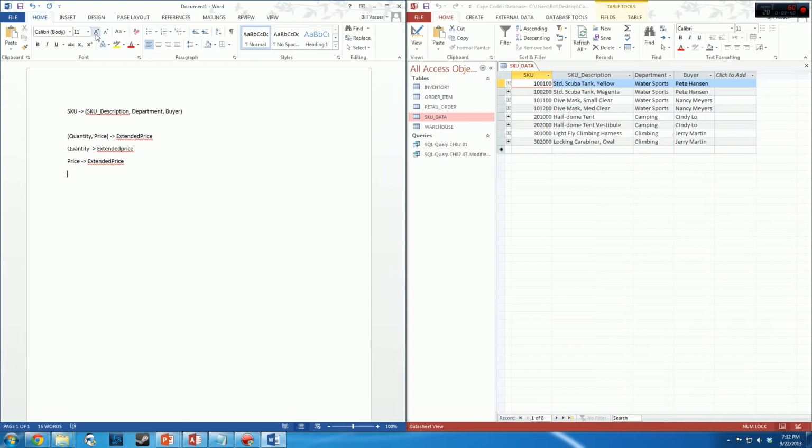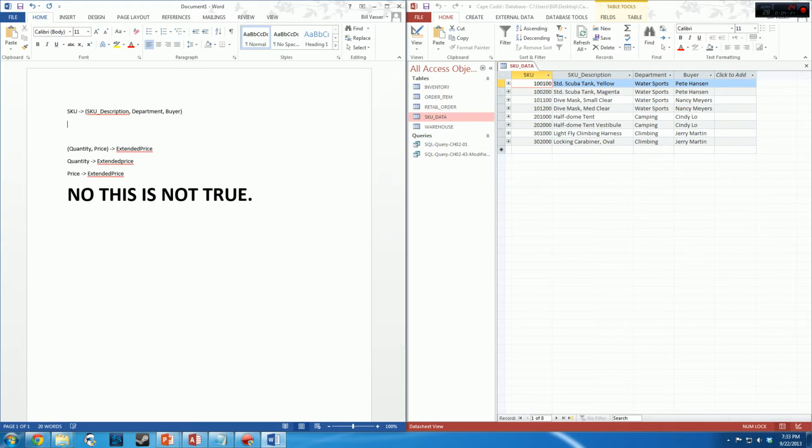I'm going to put this up nice and huge for those people who aren't actually listening to me. Just because this breaks apart, this does not. This means you must know both to determine the other side. This means SKU determines any of these. All of these determine this. It depends on what's on the left-hand side and what's on the right-hand side.